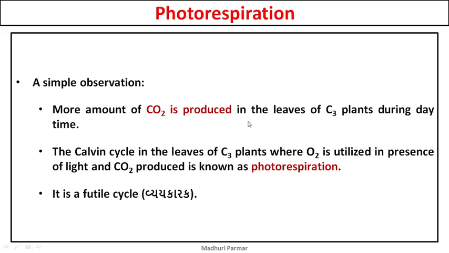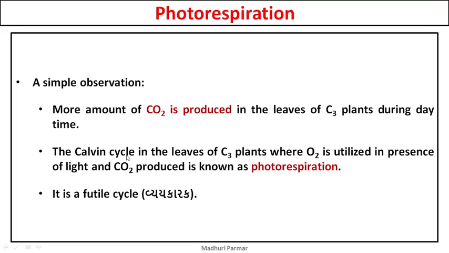What was the reason? It was found out that the Calvin cycle in the leaves of C3 plants utilized oxygen. So instead of carbon dioxide, oxygen was getting fixed. So oxygen was utilized in presence of light, and carbon dioxide was produced. The substrate was oxygen, and the product was carbon dioxide.